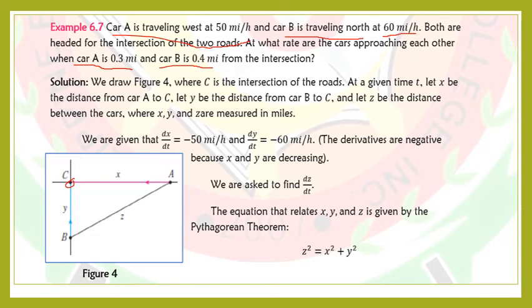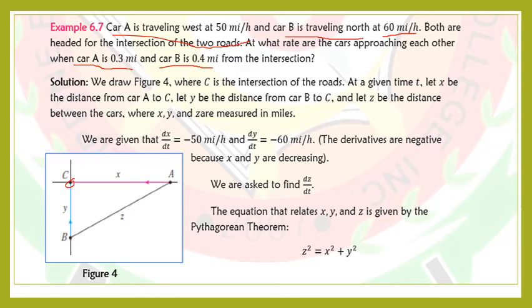Let y be the distance from car B to C. So, since si car A kasi is papuntang west, galing siya dito papunta doon, and then si B naman galing dito papunta sa north. So, ito yung point of intersection nila. So, hahanapin natin ano yung rate na yung dalawang car is mag-approach sila sa each other. Okay, dito sa intersection na to. Let z, itong z na to, be the distance between the cars.